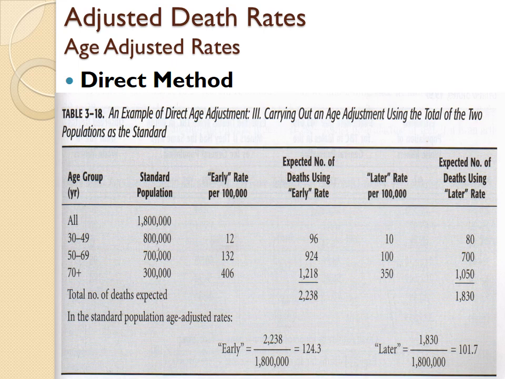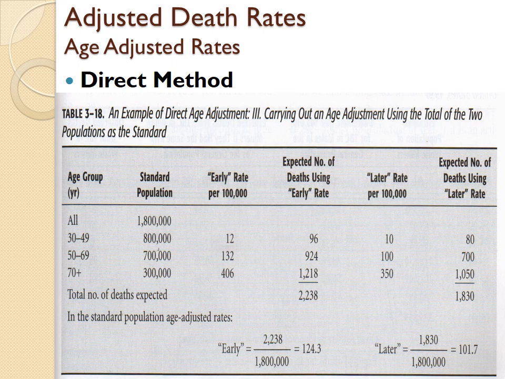In the 30 to 49 years age group, the population was 5 lakhs in the early period and 3 lakhs in the later period. So in the standard population we assume that the 30 to 49 age group has 5 lakhs plus 3 lakhs, that is 8 lakhs, and so on.